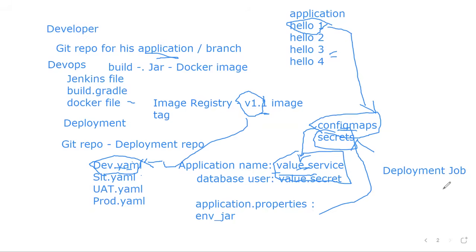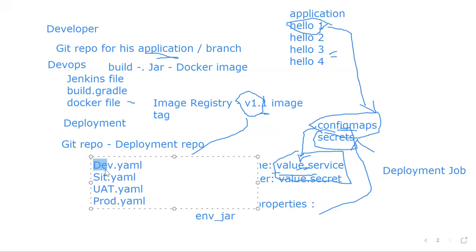When you trigger the job, automatically it will show which environment you want to deploy to, dev or SIT. These options I have given, and also which image. So you choose the image, then the deployment will be completed.